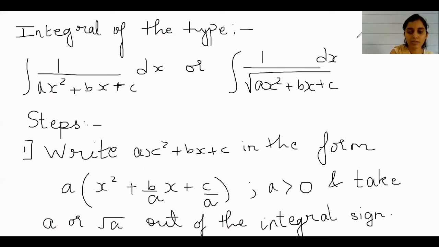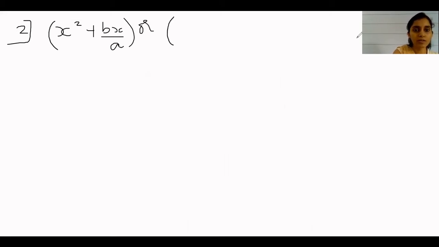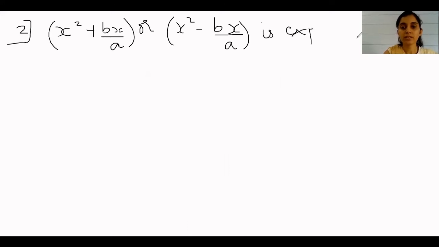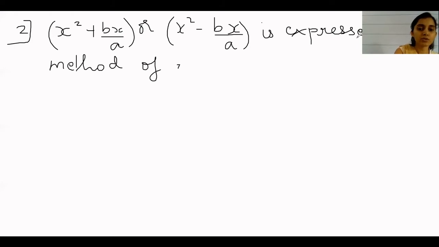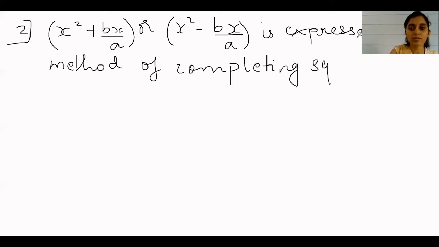Now what's the second step? The x square plus bx upon a is expressed by the method of completing squares.